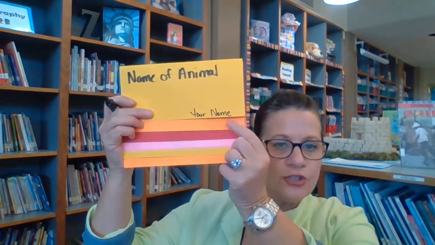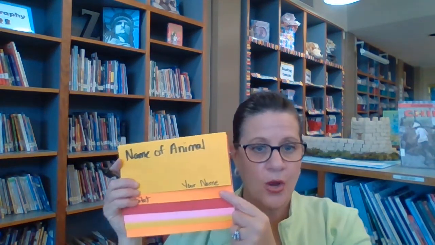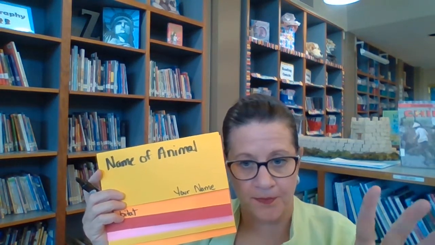You're going to have your name on the cover. And then just the first one down, you're going to work on the habitat. Where does the animal live? I want you to write at least 2 or 3 sentences describing where your animal lives and draw a small picture on that page.